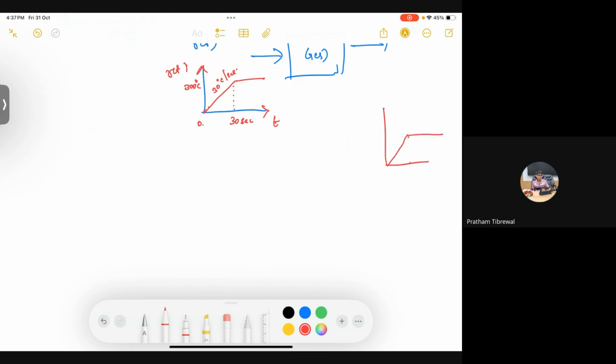So this is a combination of ramp and step, but ultimately this is settling at 300 degrees Celsius, right? If you want to find the steady state, we have two types of responses. One is the initial response until it reaches a steady state value, which we call the transient response, and after it reaches it, we call it the steady state response.